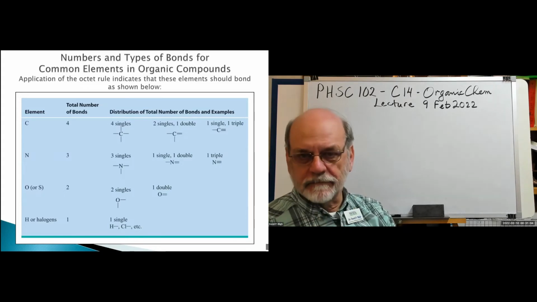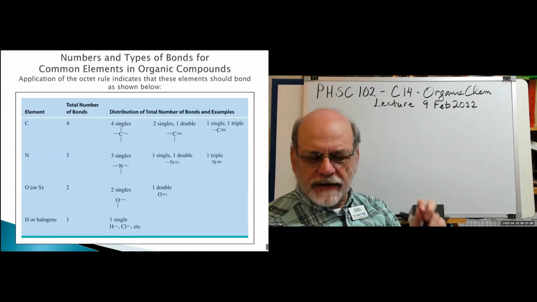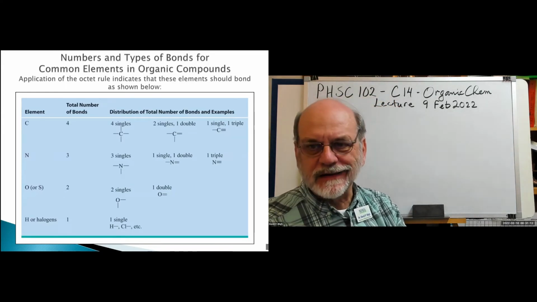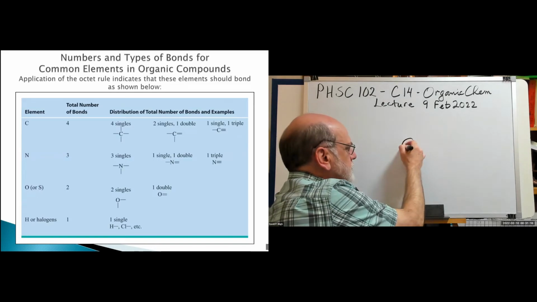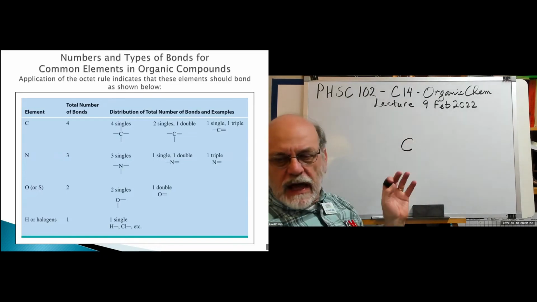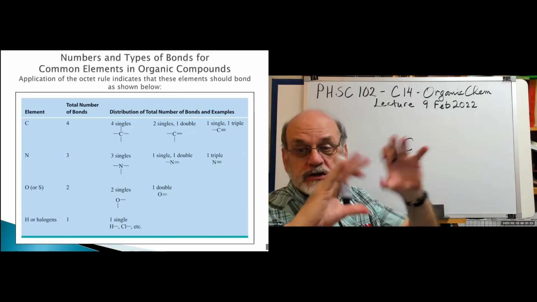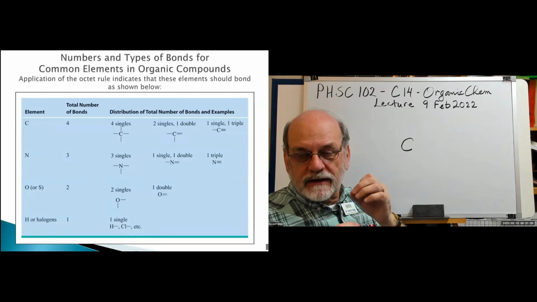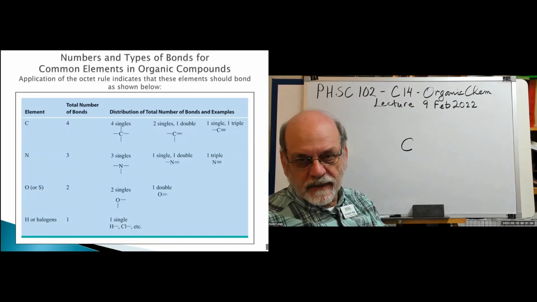Now, why is that? I think we've already introduced the concept of the octet. So when you look at carbon and you say, how many valence electrons, how many outer shell electrons does it have, and how many does it need to complete its octet?